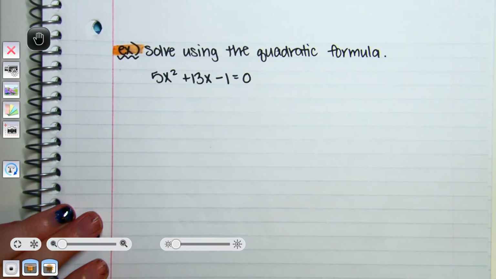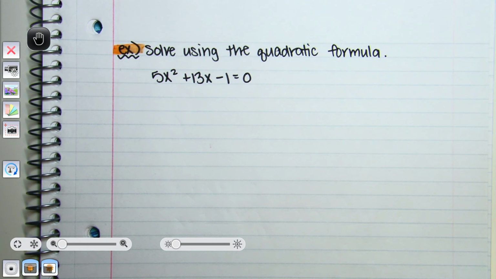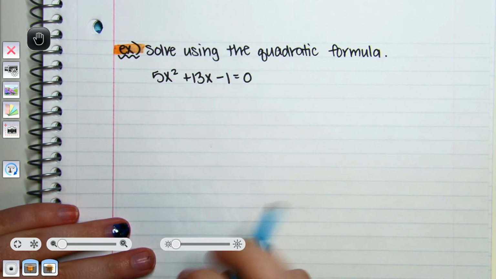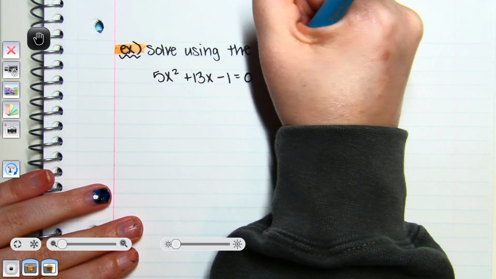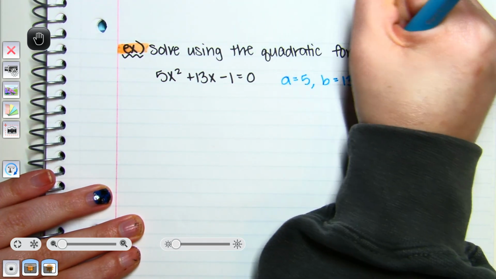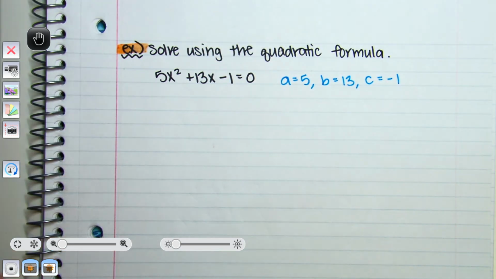All right, our last example is going to be one that's a little bit more challenging. We have other numbers that are bigger and not all equal to 1 or tiny numbers. So first thing I'm going to do is write out a equals 5, b equals 13, c equals -1. Make sure you're careful that your c is -1 when it gets plugged into your equation.